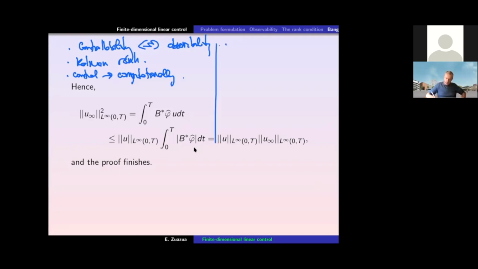Other properties we have seen are the openness and density of the control property. You understand that there are many systems that are controllable, right? And openness in particular is something very precious. It is what is called robustness. In engineering control, whenever you want to implement something, you want it to be robust.